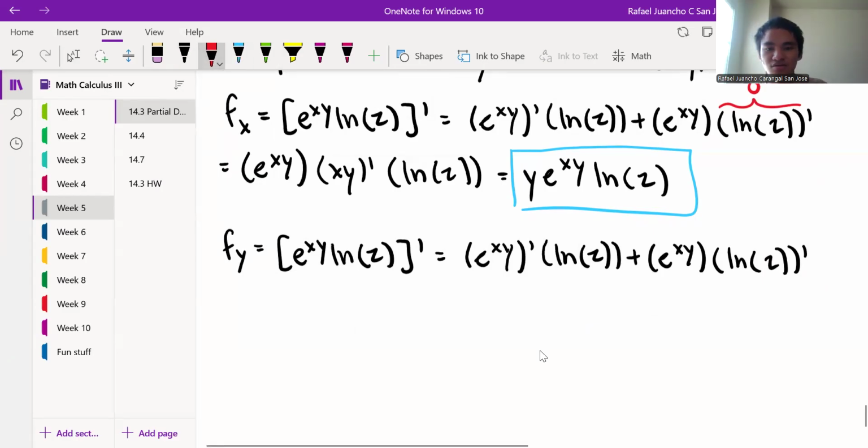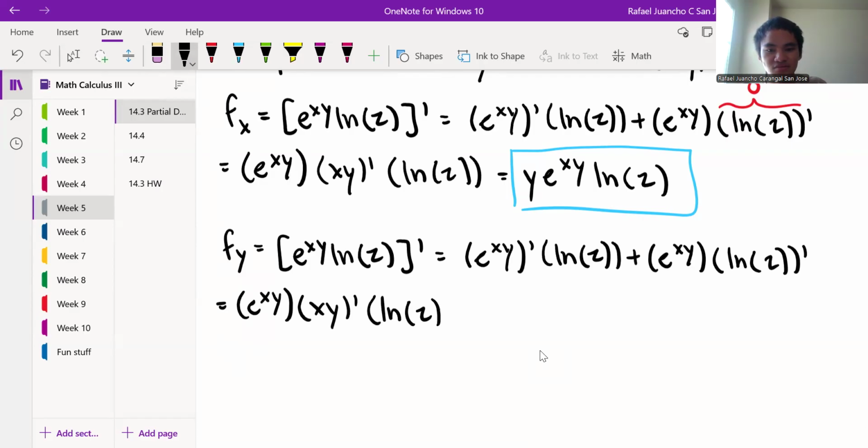Well, okay, I take the derivative of this thing here. Here my x is a constant. So I actually get e to the xy, and then I do a chain rule here. Then here I just leave this be. And then what happens to here? Well, we copy. And then in this one, ln z, z is a constant.